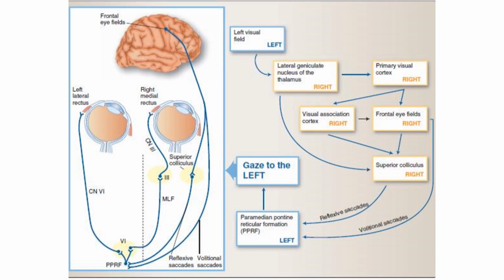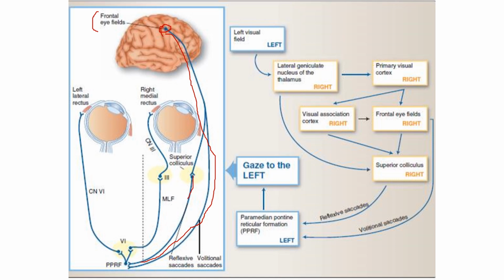So let's take a look at this picture here. We could start at a couple of spots here, but we're going to start looking right here at the frontal eye fields, Brodmann's 8, up in the brain here. Let's look at these connections. Okay, so we see connections coming into the PPRF.